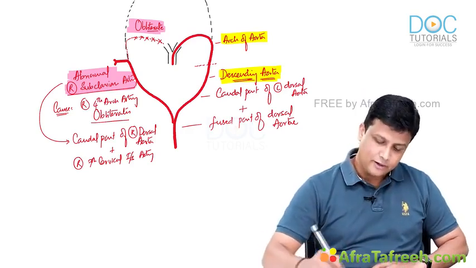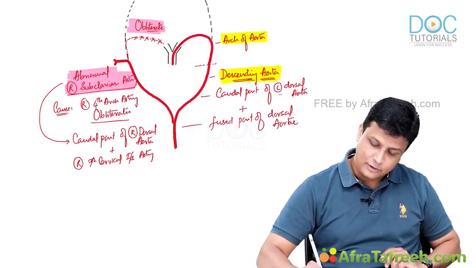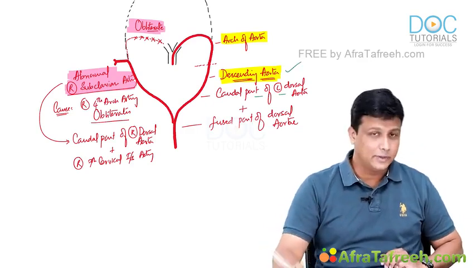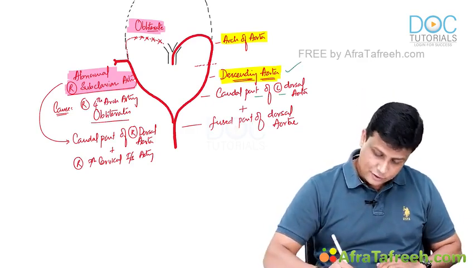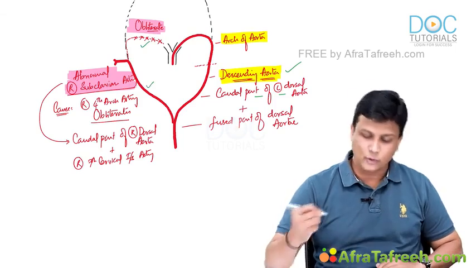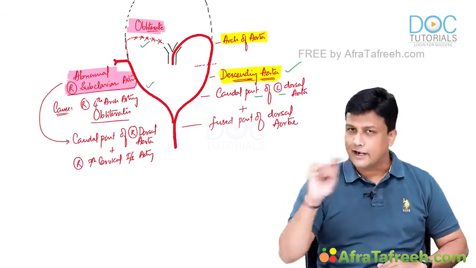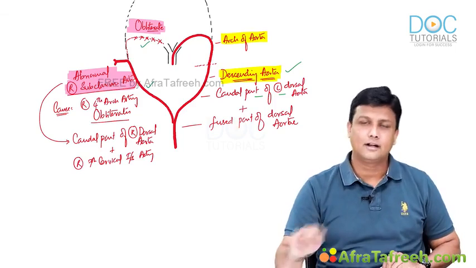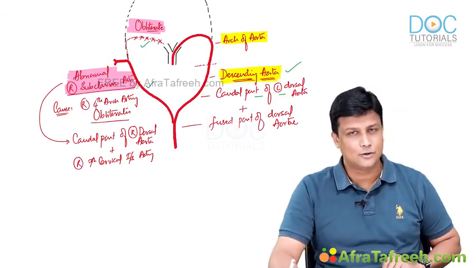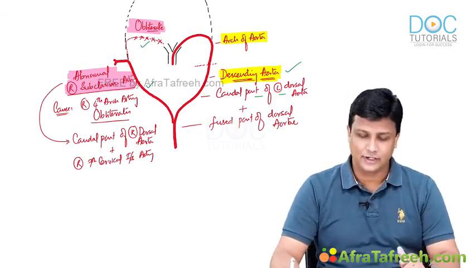Normally, only the caudal part of the left dorsal aorta should be present, forming the descending aorta. If the right fourth arch artery is also persistent and even the right caudal dorsal aorta is also persistent, that is double arch of aorta, guys.